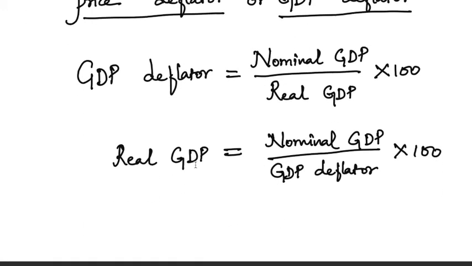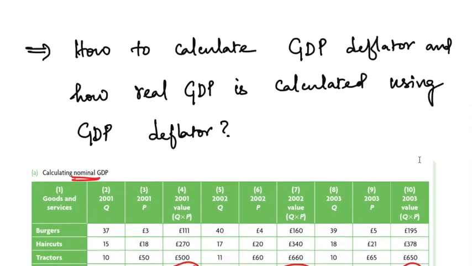This is the formula for GDP deflator: nominal GDP divided by real GDP multiplied by 100. And obviously, you can also calculate real GDP using the same formula: real GDP is nominal GDP divided by GDP deflator multiplied by 100.